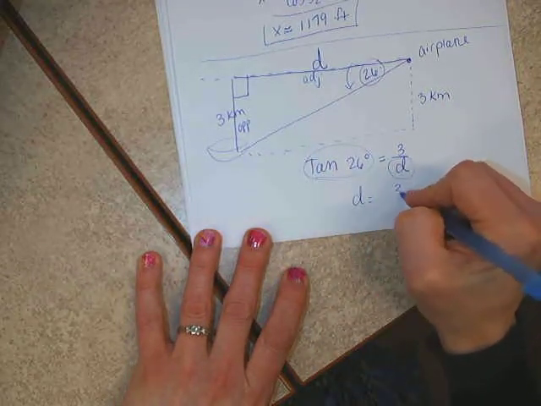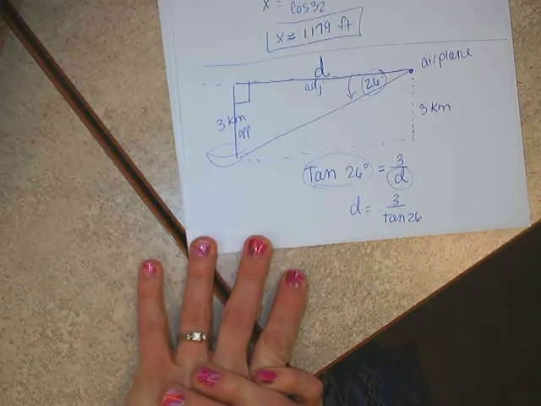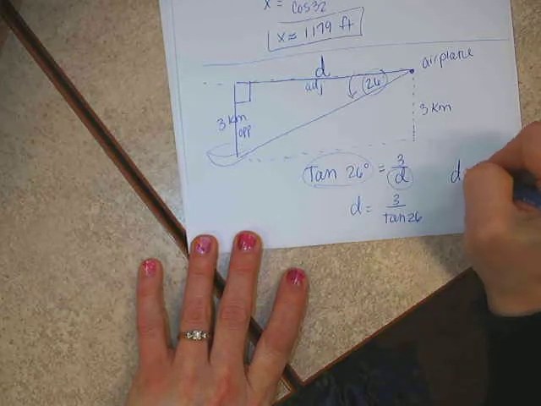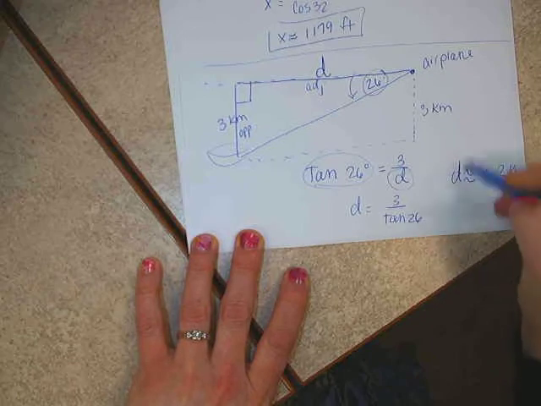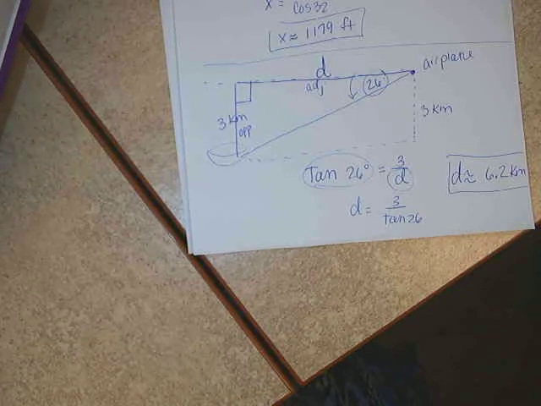The tangent of 26 degrees equals 3 over d. And again, we would swap those. So d equals 3 divided by the tangent of 26, which ends up being approximately 6.2 kilometers in length.